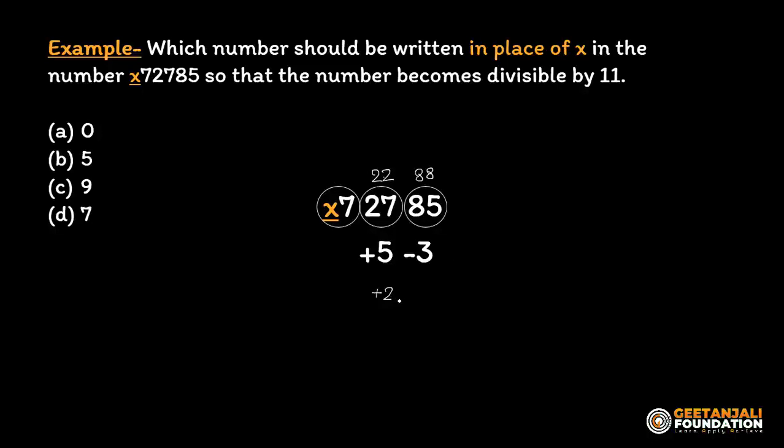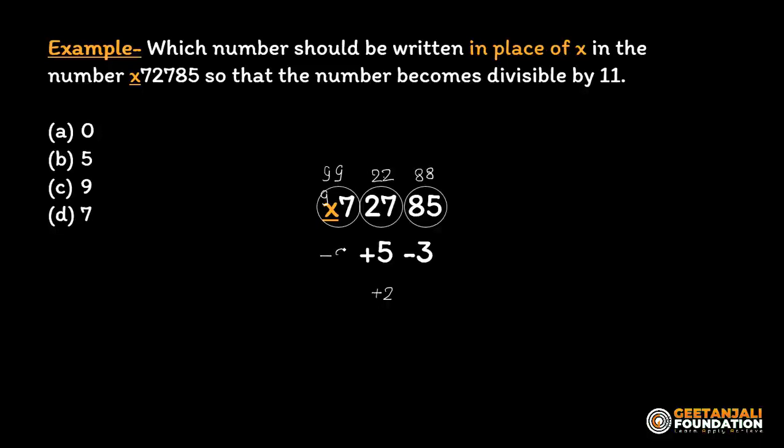As per our rule, if the sum of the differences is either 0 or a multiple of 11, then it is divisible by 11. So I want to put something here so that this difference comes minus 2. If this difference comes minus 2, this will get cancelled with this and our sum will be 0. So out of the given options, if I put 9 here, the number becomes 97 and the closest multiple of 11 is 99.